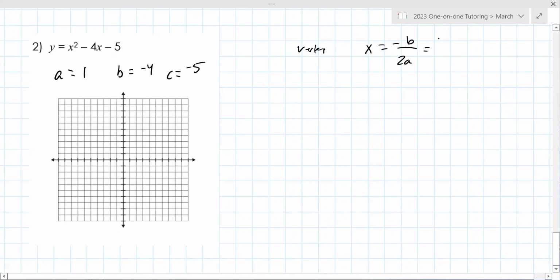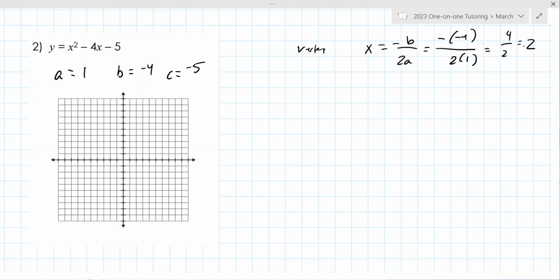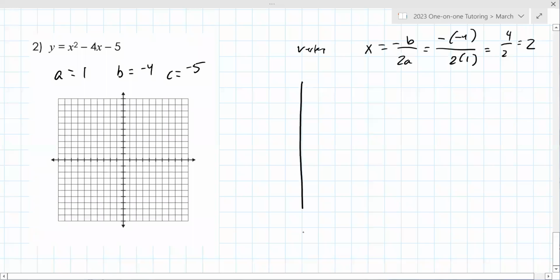So it's minus -4 over 2 times 1, 4 over 2, which is 2. All right, so that's the center of your table. So you put that one right in the middle. You need 2 larger and 2 smaller.